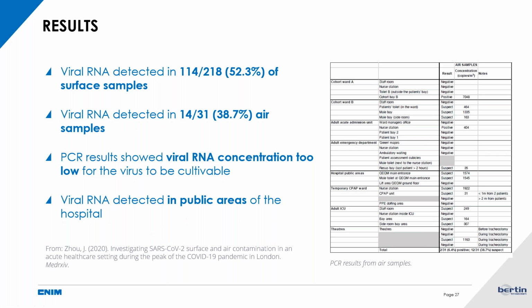So even if they were able to collect virus, and they detected the presence of SARS-CoV-2, they were unable to show that this virus was active. And the virus was also detected in public areas in the hospital.